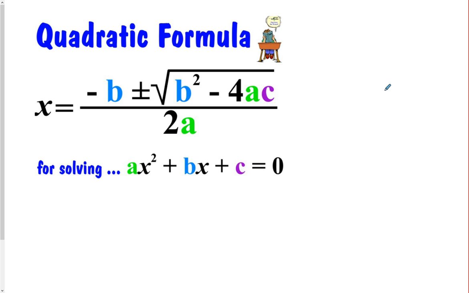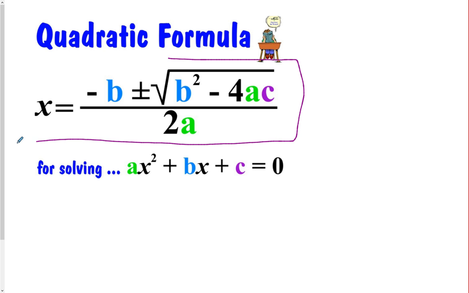Okay, so I'm not going to spend a ton of time on this because some of you feel very strong in it and it's not honestly that complicated. It looks complicated, but it's not as bad as it looks. So the quadratic formula is just an equation that's going to help us find solutions to quadratic equations.